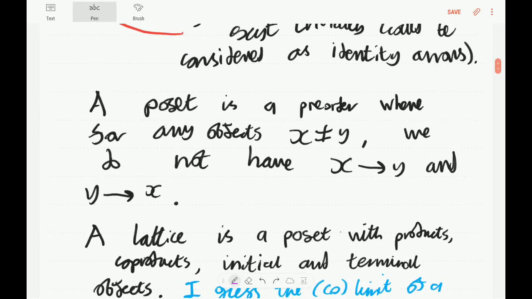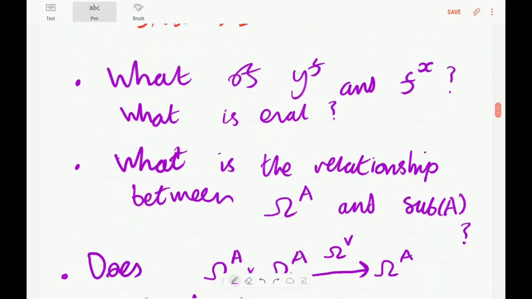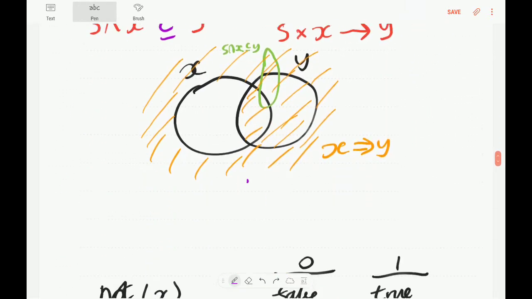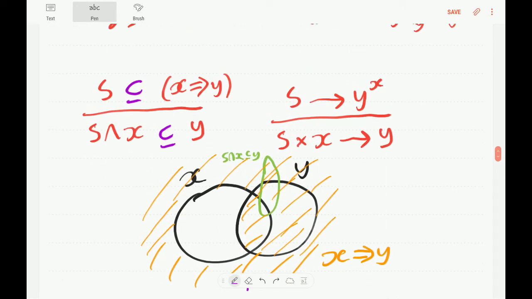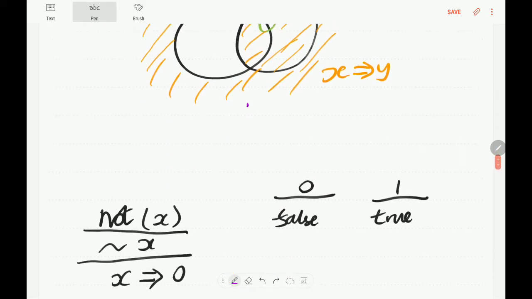The exponential object of Sub A corresponds exactly to this implication thing, x double arrow y, which is like this subobject shown in orange here, at least in the category of sets.